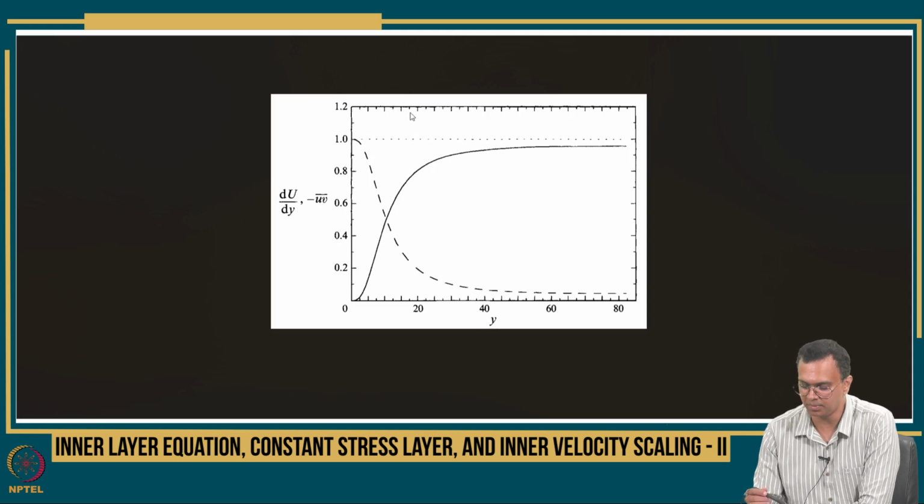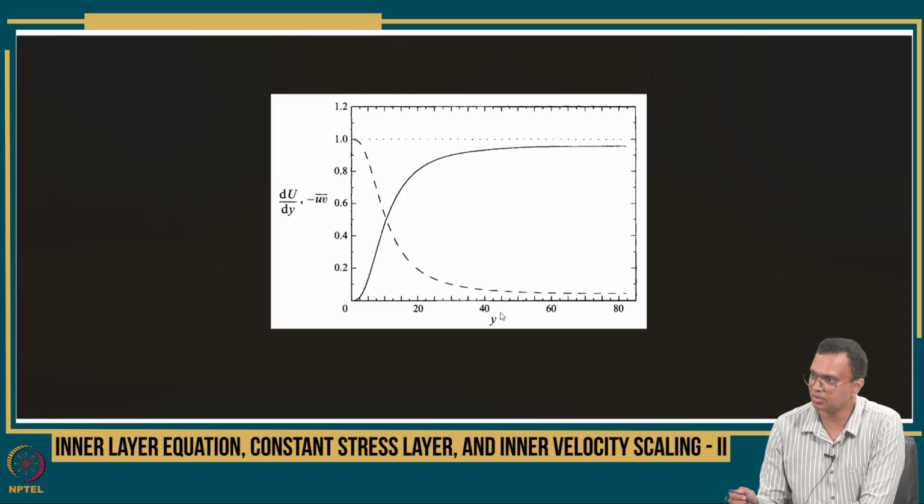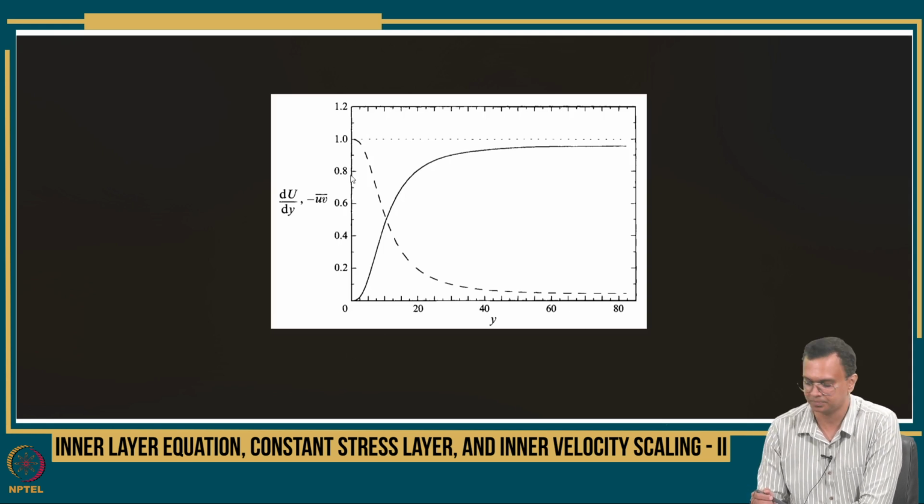The production rate was going up and then coming down like a hill, and the peak was located actually in the buffer layer. And the dissipation rates, you would have seen that it is negative all the way but going maximum on the wall because it's a viscous dissipation rate.